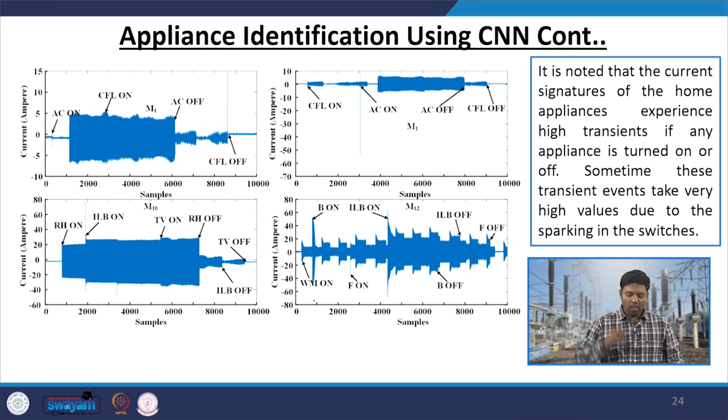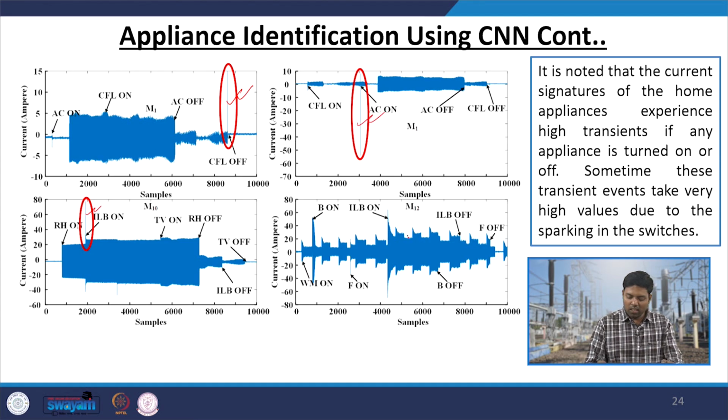However, if you see the current features we take, there are certain transients, and these transients generally occur because of the switching. When you switch, it will create a spark. That spark means a very high current will flow. So, that spark will give you a very high current when switching on and off.